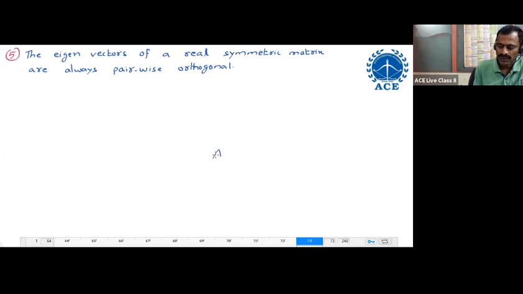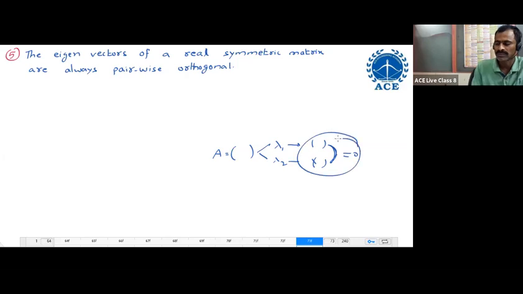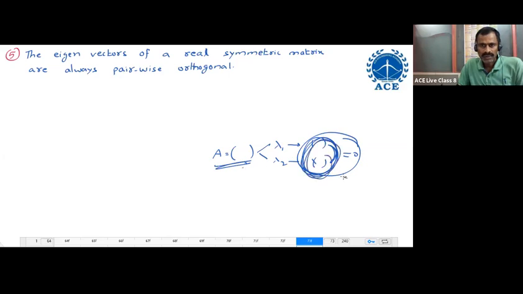That is, for a 2 by 2 matrix, 2 eigenvalues are possible. For each eigenvalue, we can find the eigenvector. And between these two, if we find the dot product, this dot product will be 0. That is the condition: the matrix is real symmetric. The eigenvectors of this matrix are always pairwise orthogonal only.